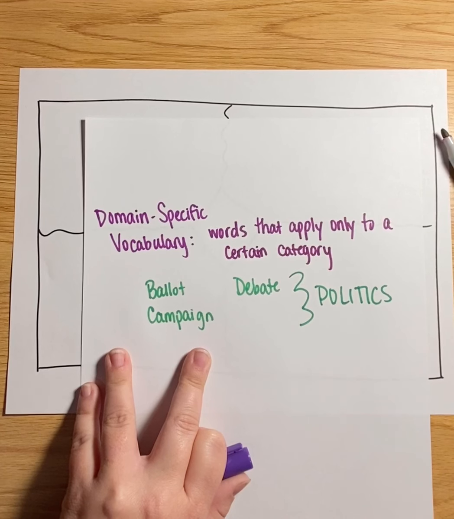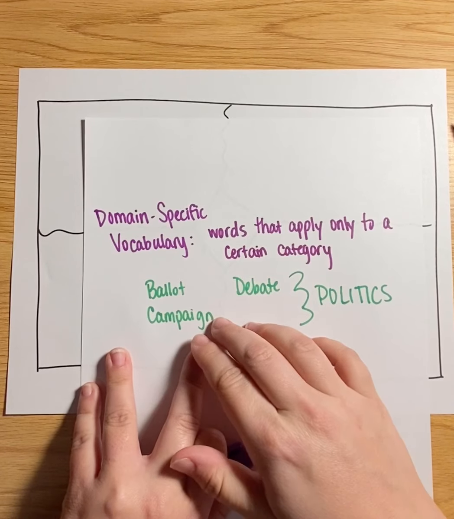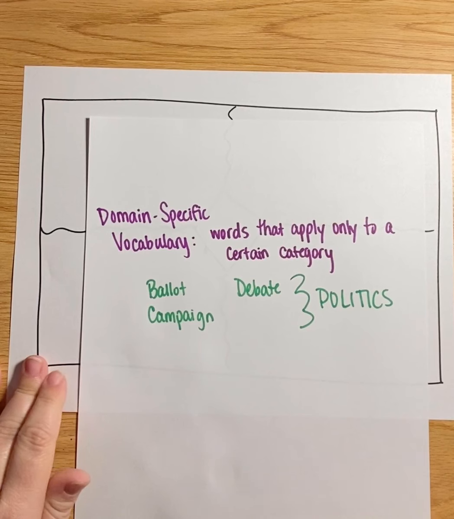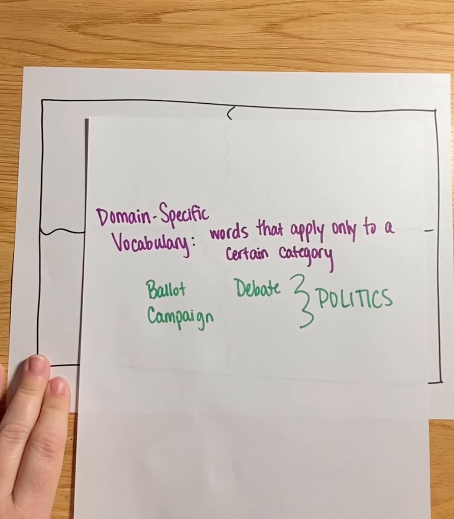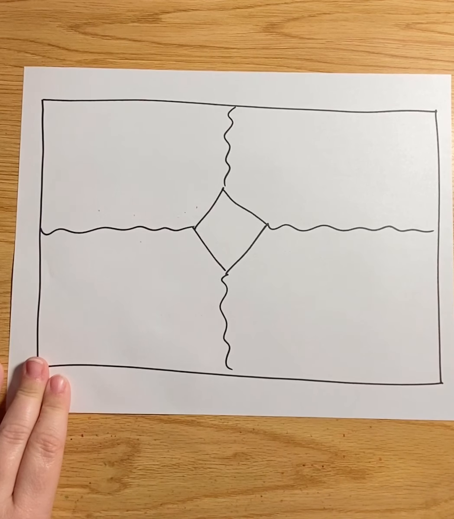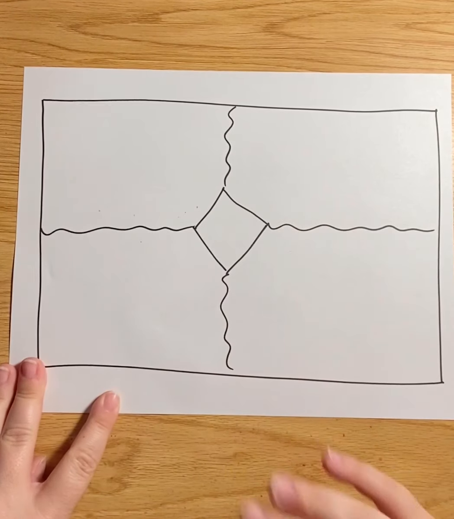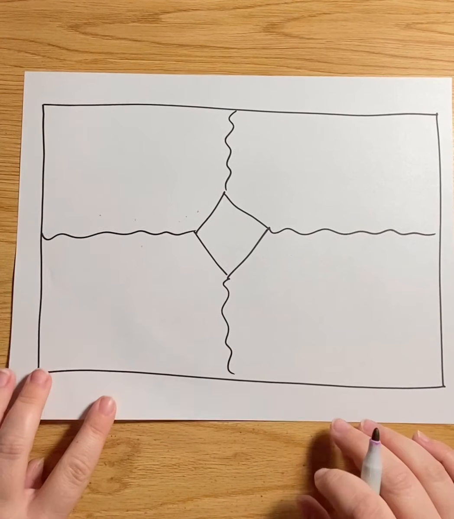So running for president, whether it's class president or president of the United States, these words don't really apply to other areas of our life. And sometimes when we're reading about them, it can be difficult to kind of pinpoint their exact meaning. So with that, if you have domain-specific vocabulary or other words that you're learning, you can use a four-square map to break it down, okay?